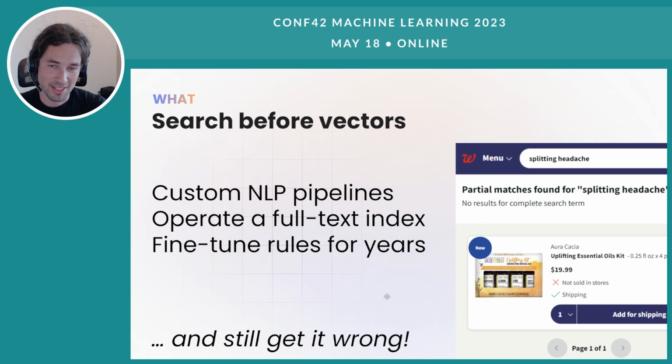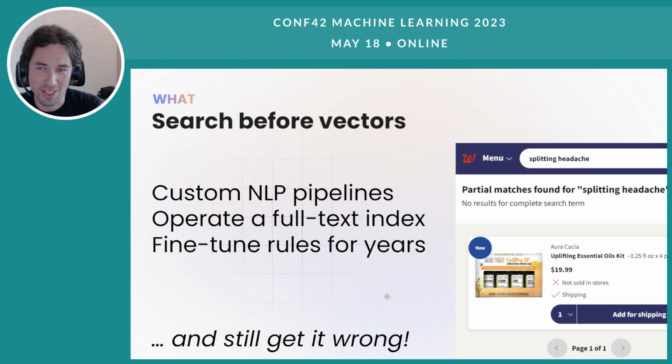And then finally, these types of systems are very much fine-tuned by hand, right? Observing queries that you haven't seen before, trying to figure out how to tweak your keyword-based rules to get good results. And this has been happening for decades, and the outcome is that it still doesn't really work that well.